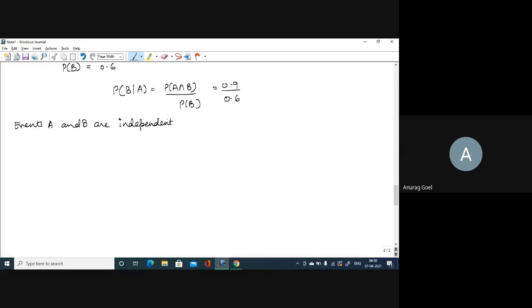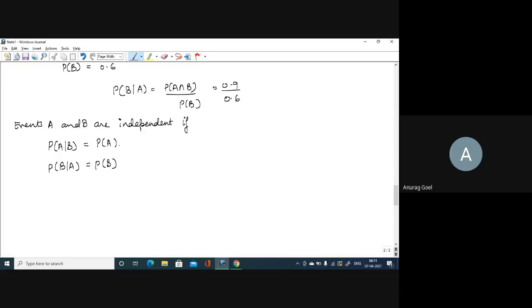Now these events A and B are independent if P of A given B equals P(A) and P of B given A equals P(B).